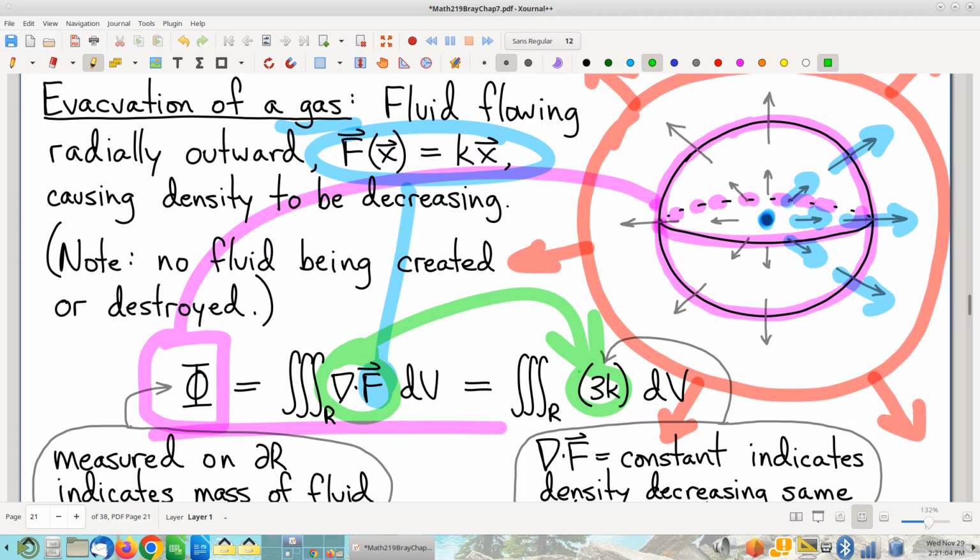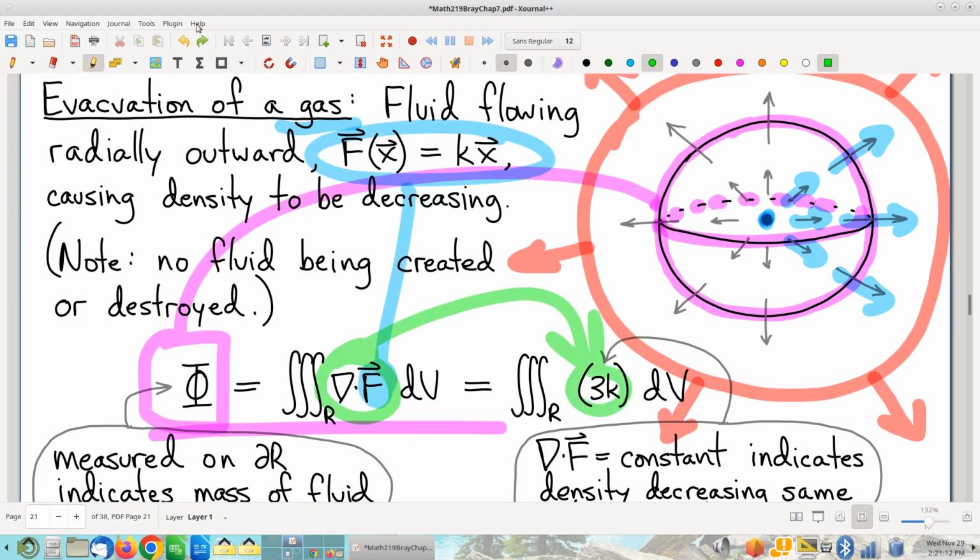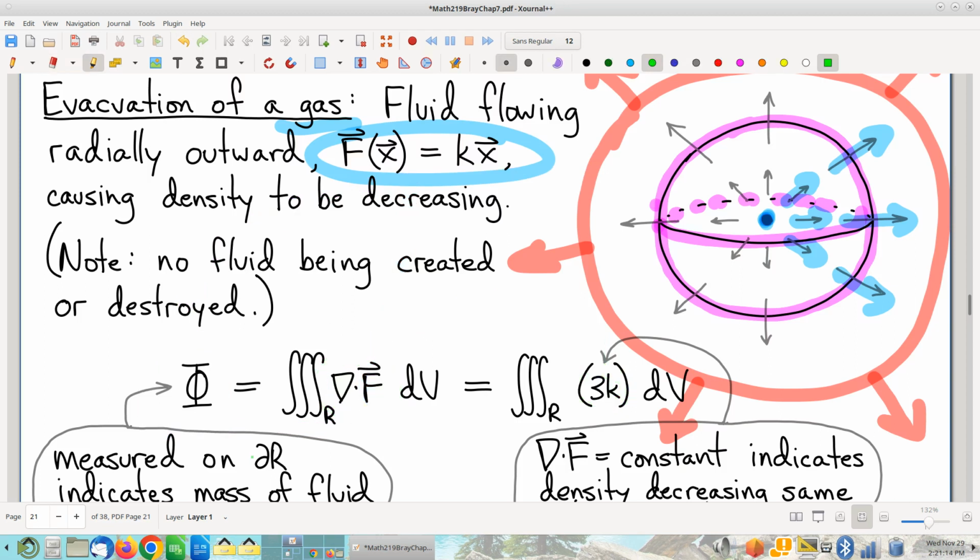Okay, so what does this all mean? How do I interpret divergence here? Hang on, I wanted to delete that. Okay, so how do I make sense out of this divergence here? Well, let's think physically about what's happening in this scenario. I have a flux. That flux is representing air leaving out of this purple volume.